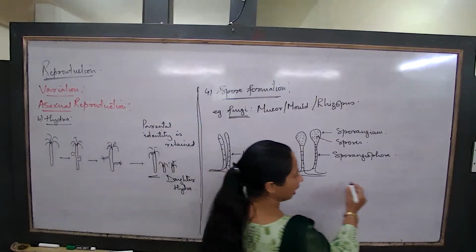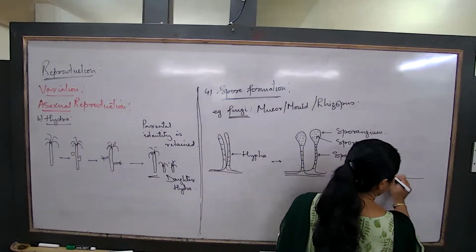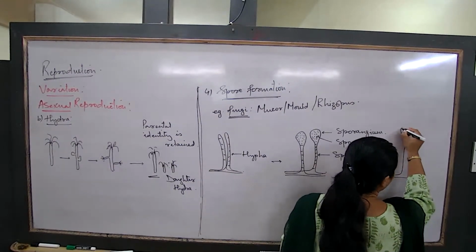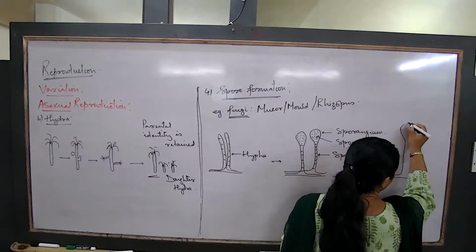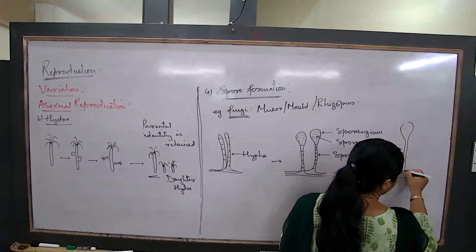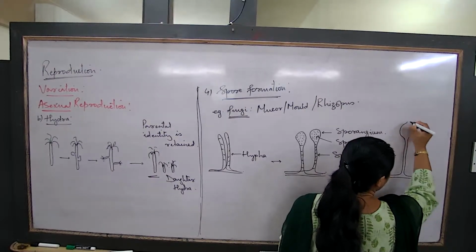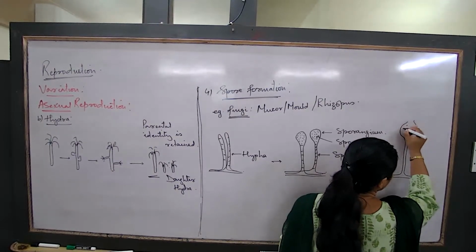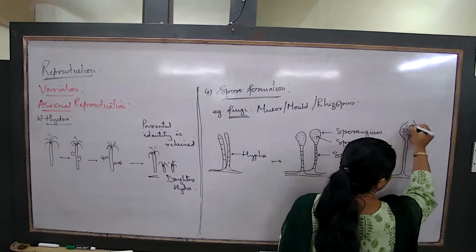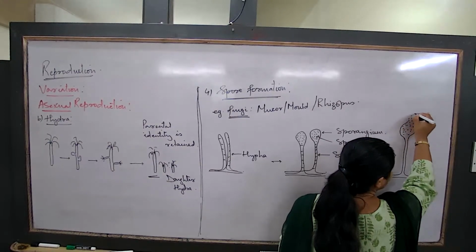But later, what will happen is once the sporangium is quite mature, this sporangium will start rupturing. So I would say that something like this, the sporangium starts rupturing and a large number of these spores are dispersed.